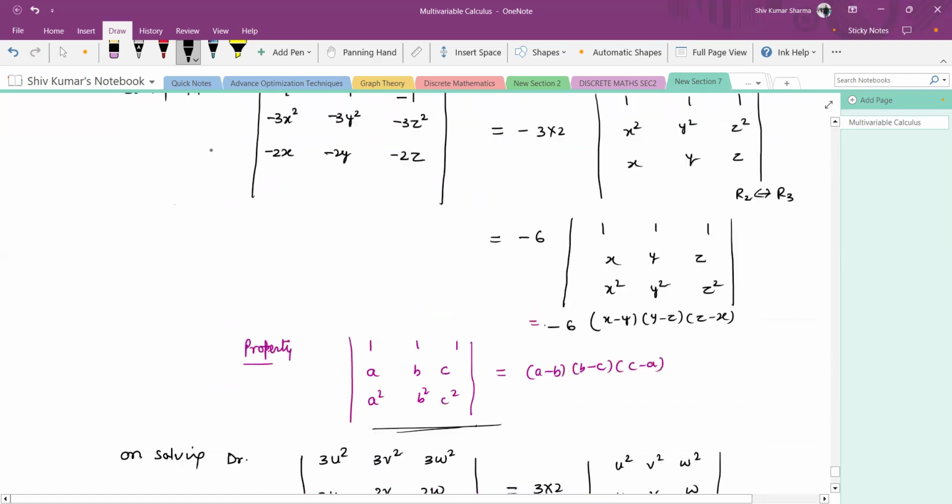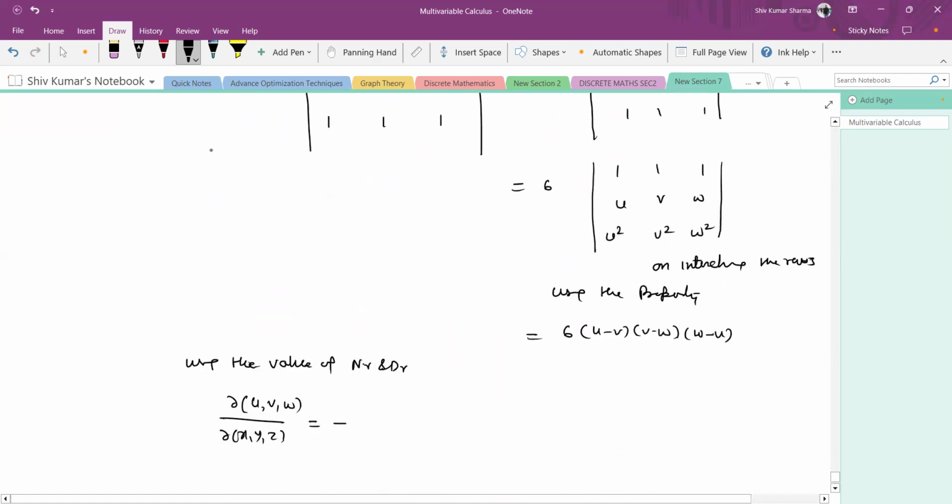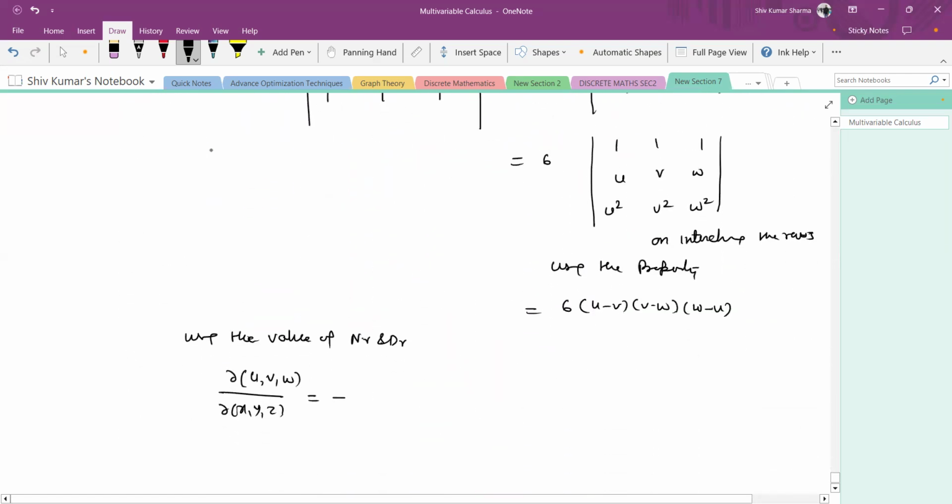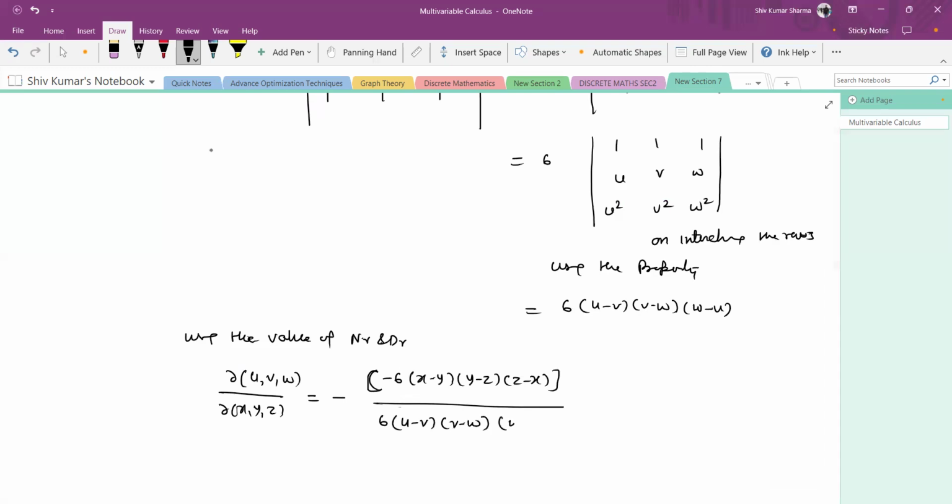And the numerator value is minus 6 into x minus y, y minus z, z minus x, and the denominator has 6 into u minus v, v minus w, w minus u.